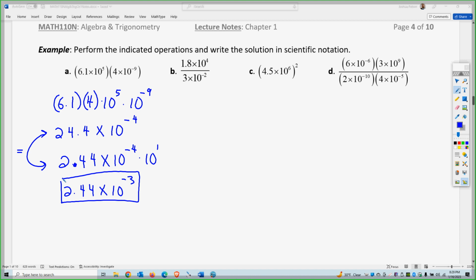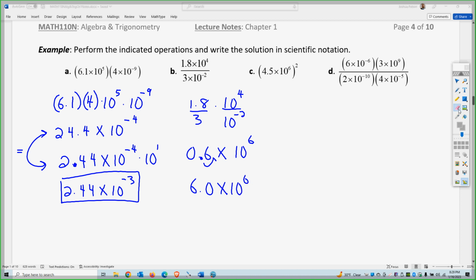Okay, let's do that same process for 1.8 divided by 3, and then 10 to the 4 over 10 to the negative 2 separately, right? So 1.8 divided by 3 is 0.6, and then this is the quotient rule, so this is 4 minus negative 2, so I get 6. The problem is now this is not scientific notation, so if I move the decimal this way, I get 6.0 times 10 to the 6th, right?